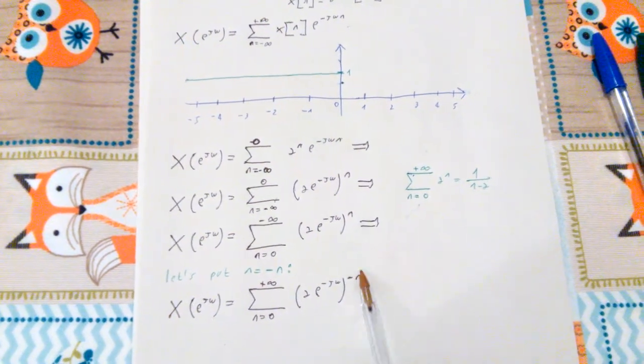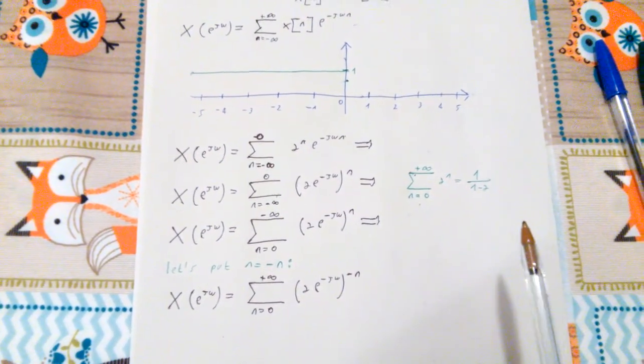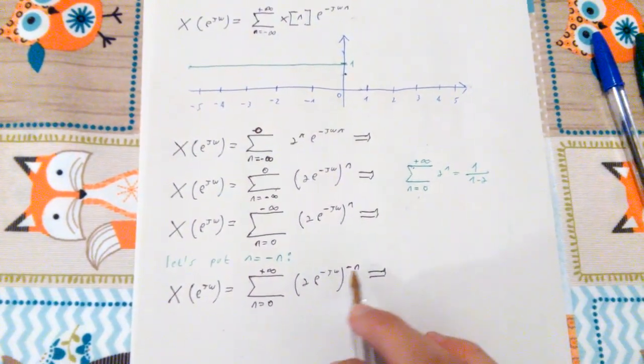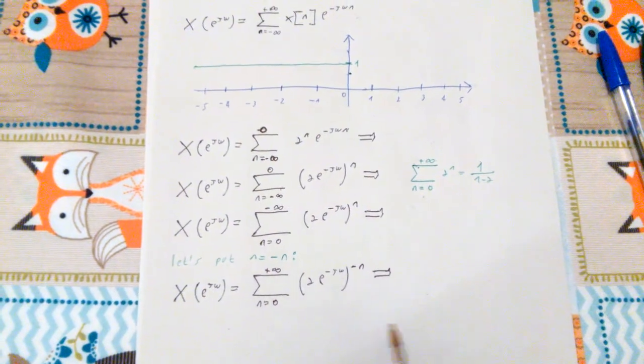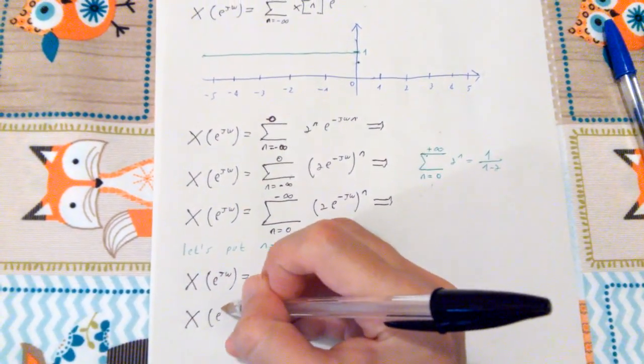So now we're not happy with this negative because we want it to be positive. But it's not a big deal because we can basically split those two. What I mean by that? Well, we are about to find out.